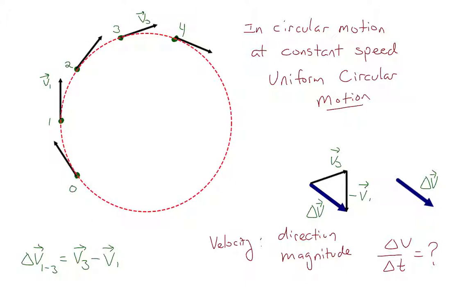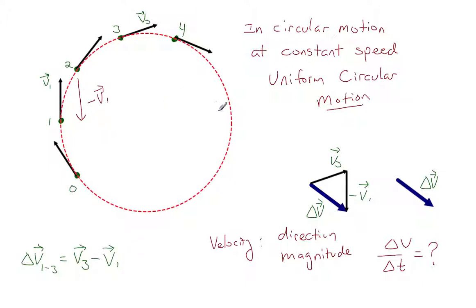So again, we'll need to do our trick where we take the velocity 1, the one that's being subtracted, and flip its direction. If v1 pointing straight up looks like this, then minus v1 is the same length but pointing straight down.